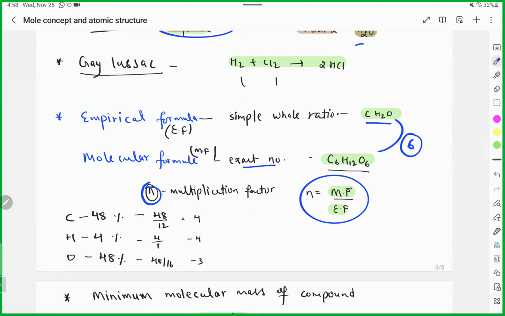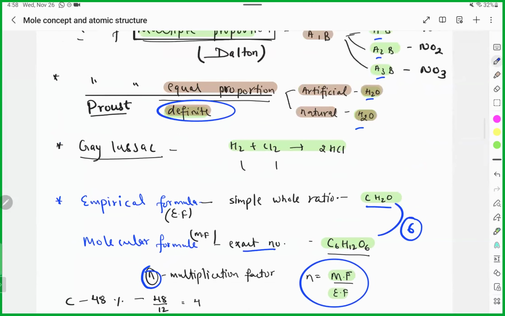You already know about the Gay-Lussac law. Who will tell me the Gay-Lussac law? Because we did this in the other chapter, KTG. Radhika, what is the Gay-Lussac law? Student: Sir, it tells us about the relationship between the pressure and the temperature of gases at constant volume. At constant volume? Yes, sir.